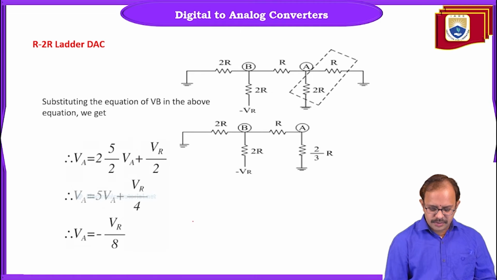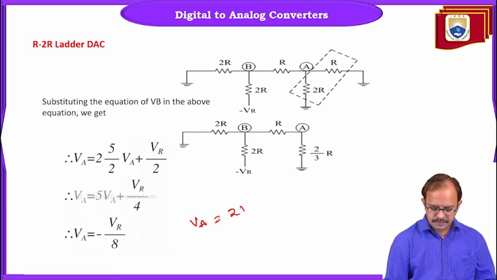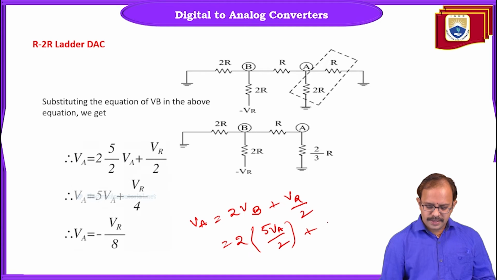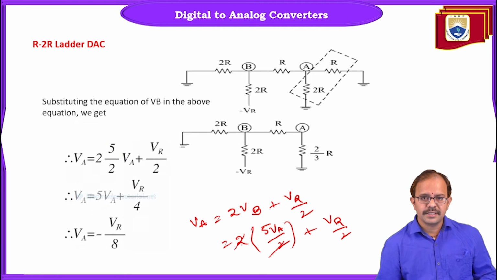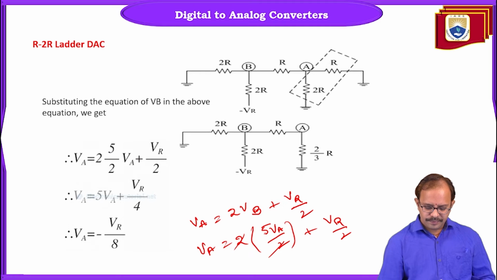The expression is going to be VA equals 2 VB plus VR by 2. And we know the value of VB, that is 2 into 5 VA by 2 plus VR by 2. So both these two will cancel each other, and we are looking for the expression VA.